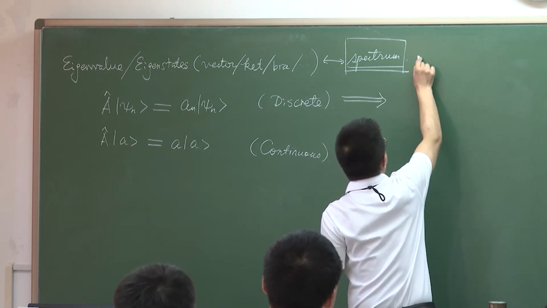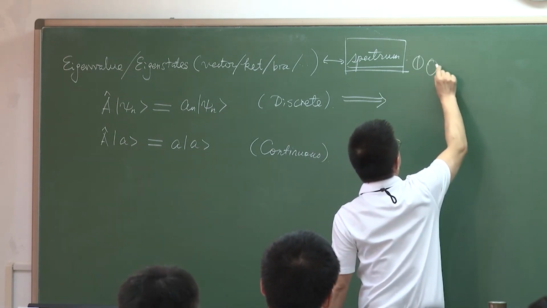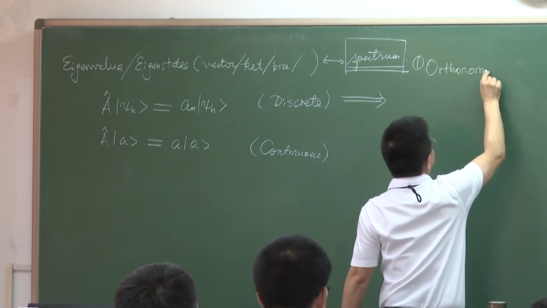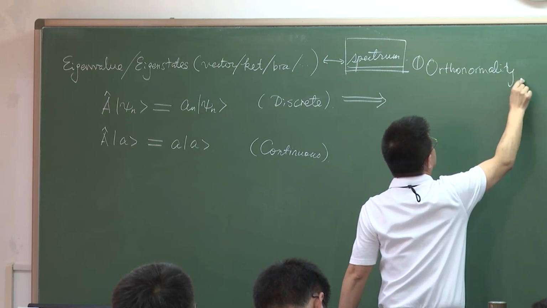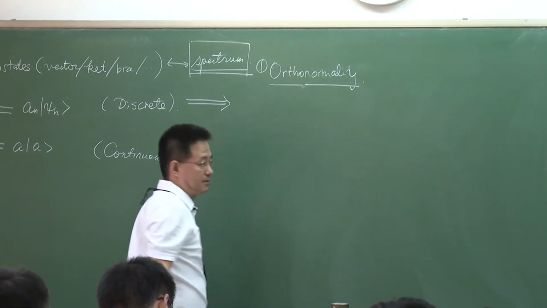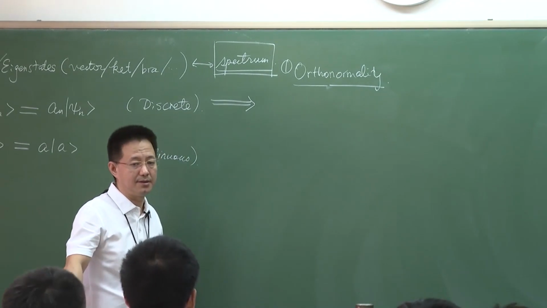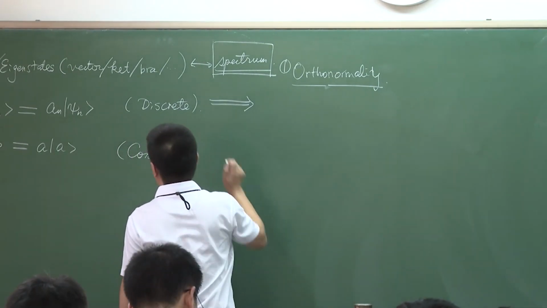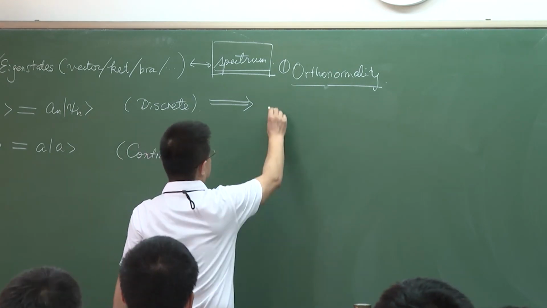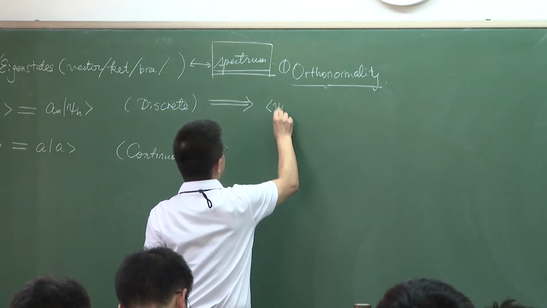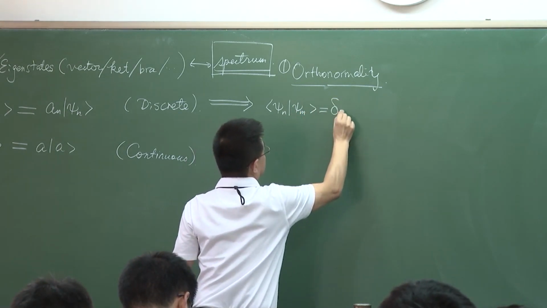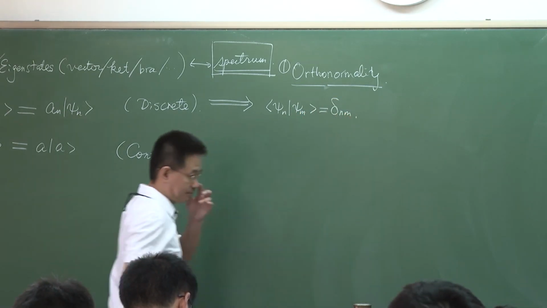And so the first thing is the orthogonality. So this orthogonality and normalization are connected together. For the eigenvectors, for the discrete case, we have <psi_n|psi_m> equal to delta_nm.